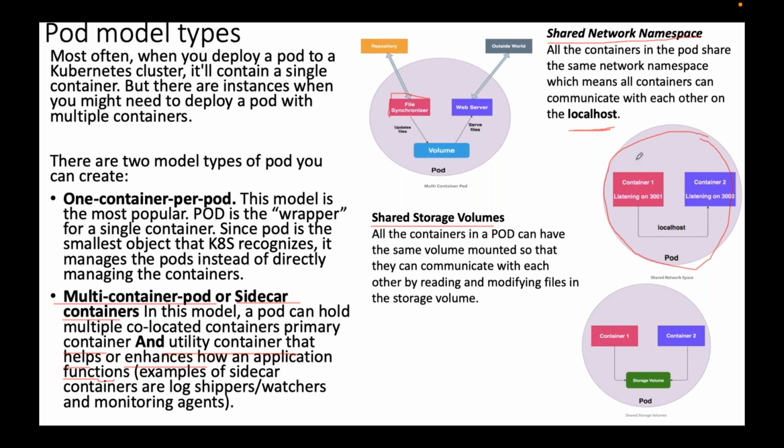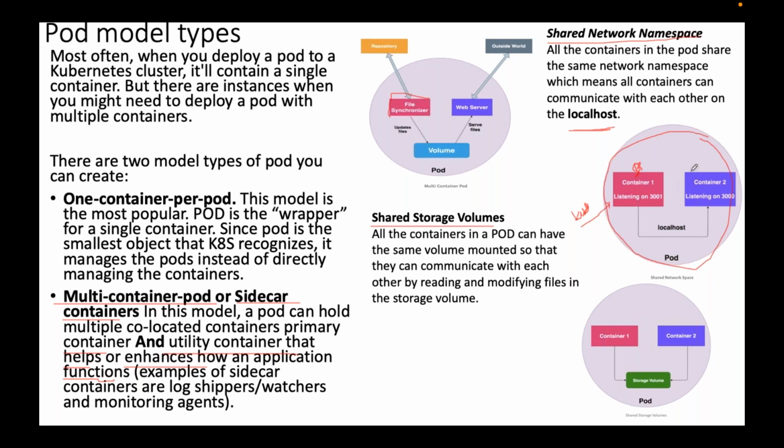If there is an issue with this container, if this container process is not running within that pod, who is responsible for making sure that this container is up and running? The kubelet, which is running in that node. The kubelet is responsible for making sure that these containers are up and running.